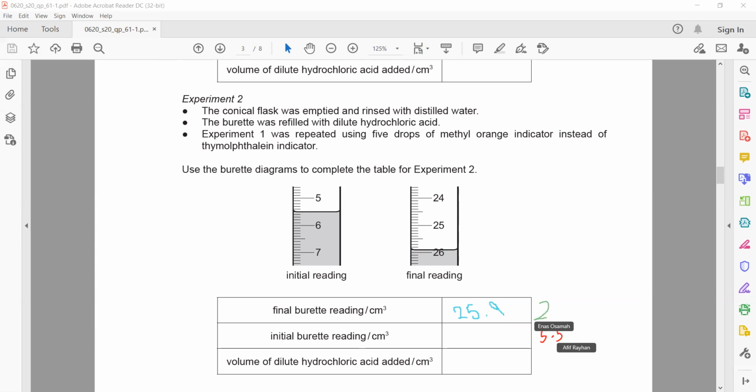The final is 25.9, that's right, and the initial is 5.5, so the difference is 20.4. So in the first experiment it was 10.2 and in the second experiment it is 20.4.